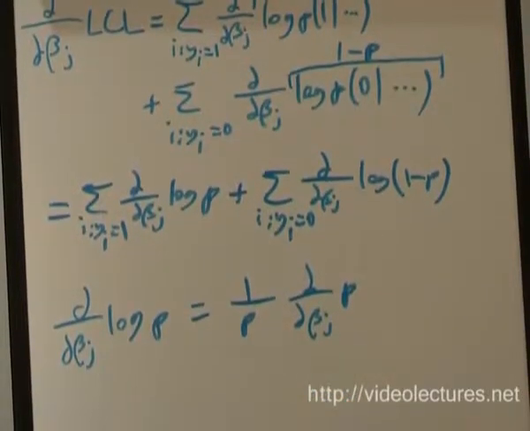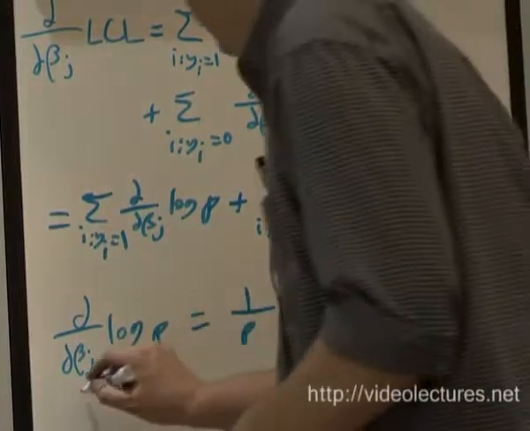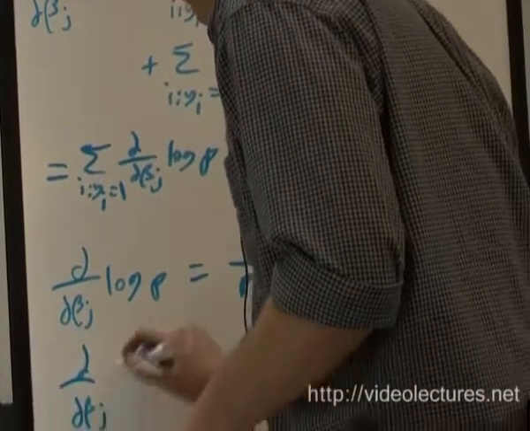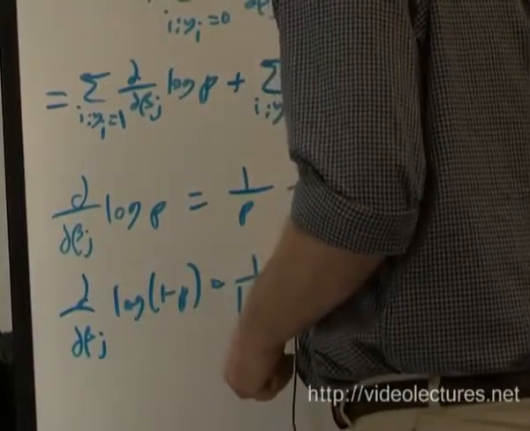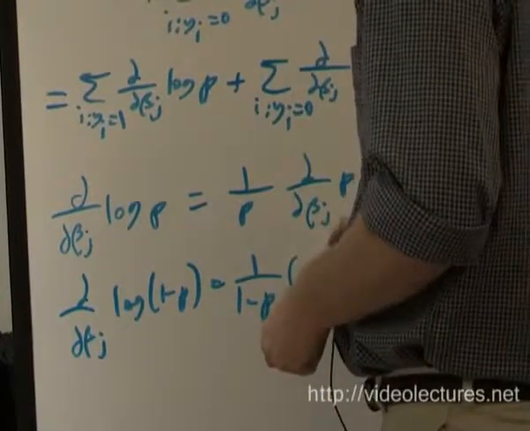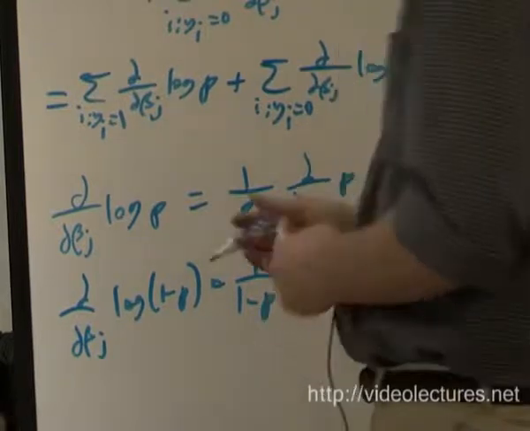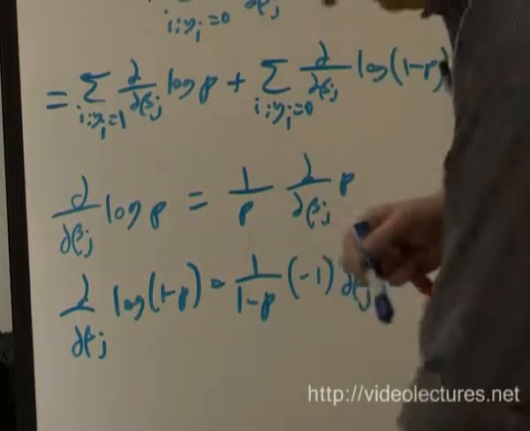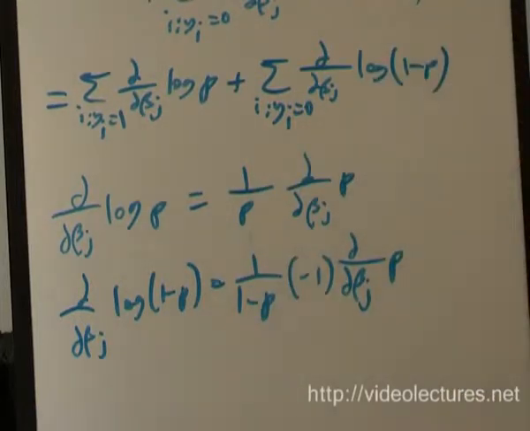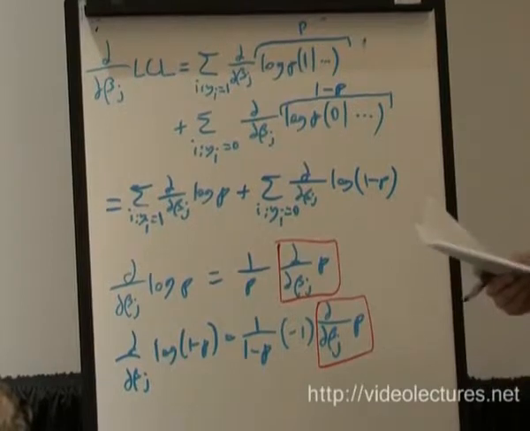So the derivative of the log is the 1 over function. And d by d beta j of log of 1 minus p is 1 over 1 minus p, and then minus 1 d by d beta j of p. So in both cases, now what I need to evaluate is this.